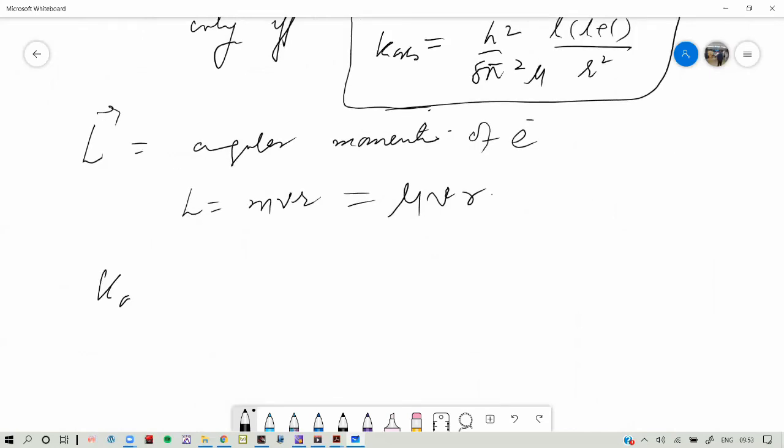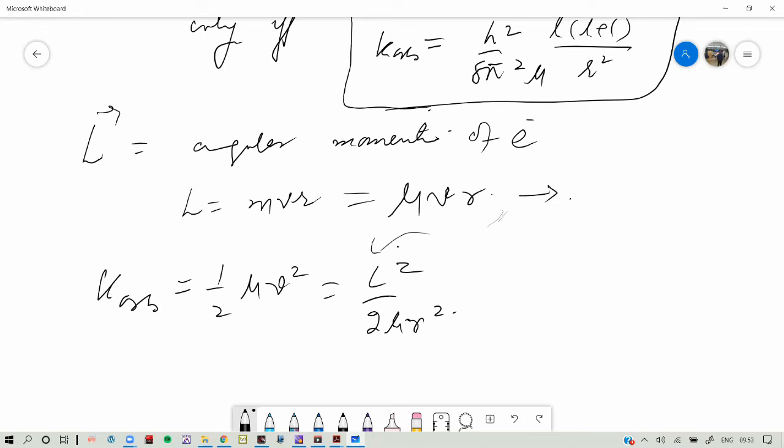Now K orbital will be equal to 1/2 of mu v square, that is L square by 2 mu r square, just using this equation here. So L is equal to mvr, so that's mu vr. So for this, I am putting this equation L by mu r, and it is mu r square. One mu will cancel out with this mu.